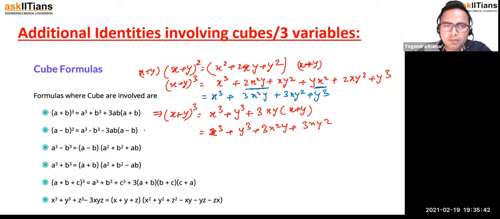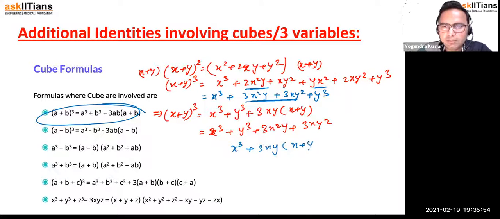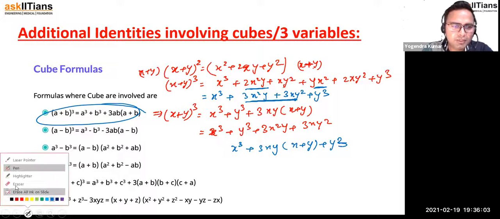This is what we have written. Now from these two terms you can take 3xy common. So what do we get? X cube plus 3xy(x plus y) plus y cube. This is how you need to remember it. I hope you're getting it.